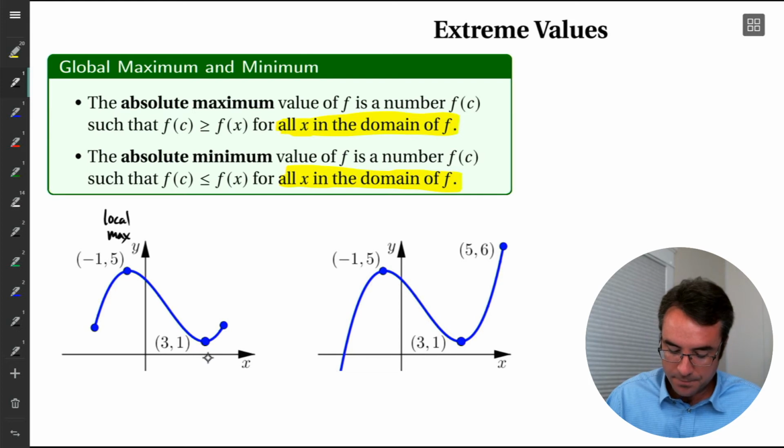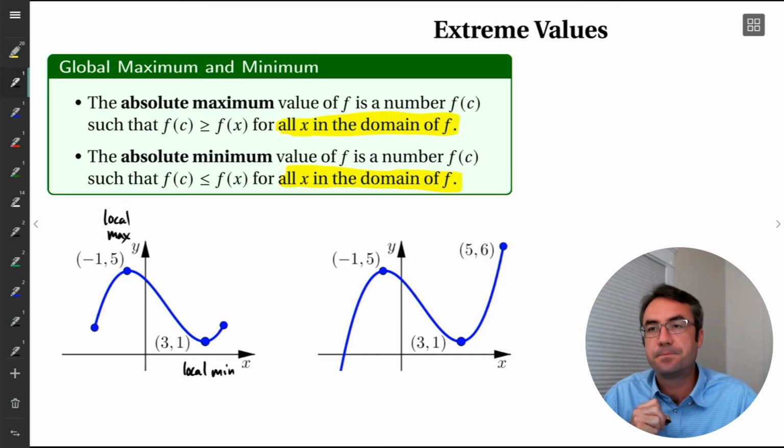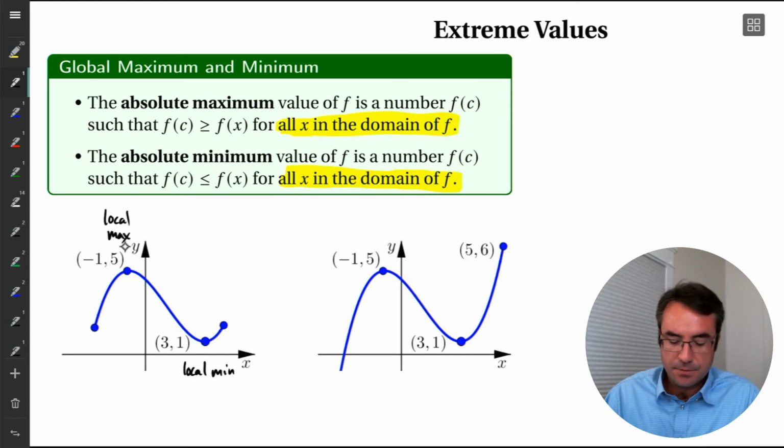And over here, we're seeing a local min. The local max is this high point here. The local min is right here.